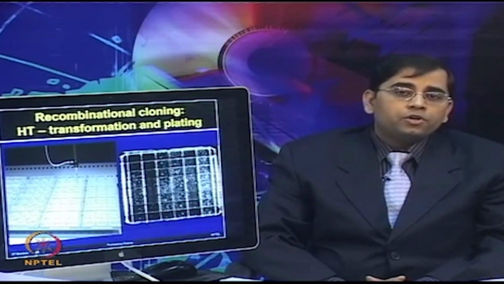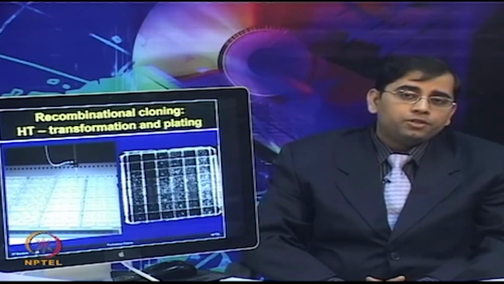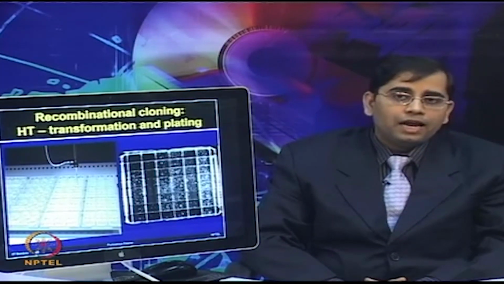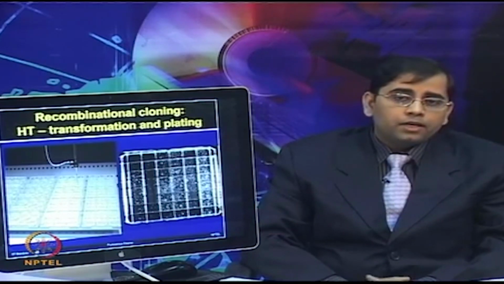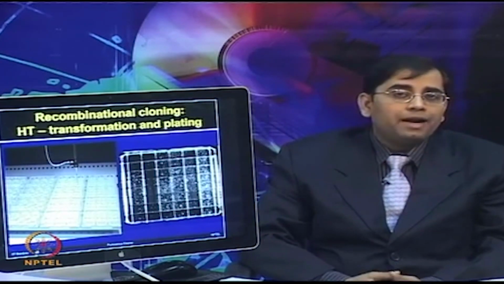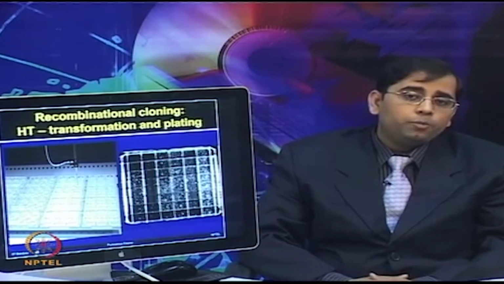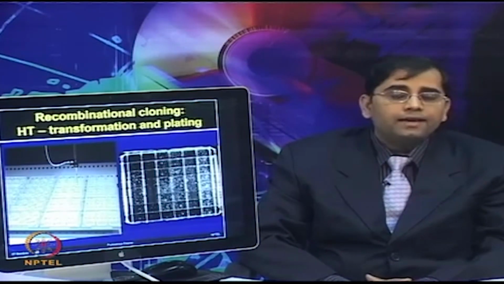So, in recombinational cloning, the high throughput way of doing transformation and plating is very crucial. It provides automation during the bacterial plating, and colony picking reduces the error rates.